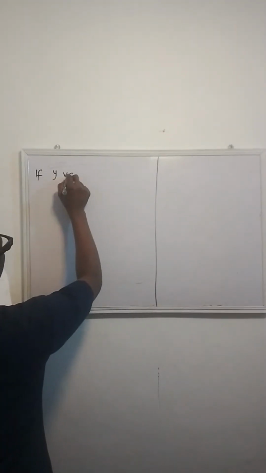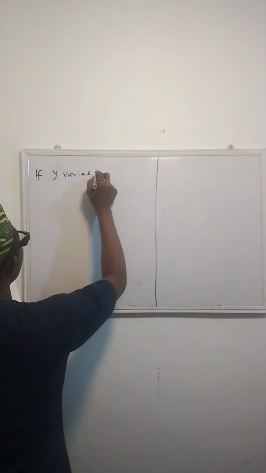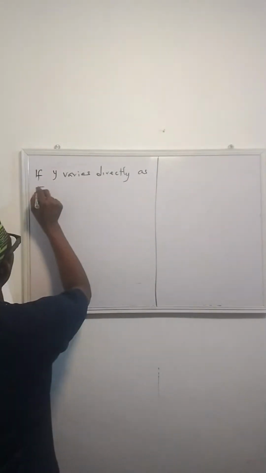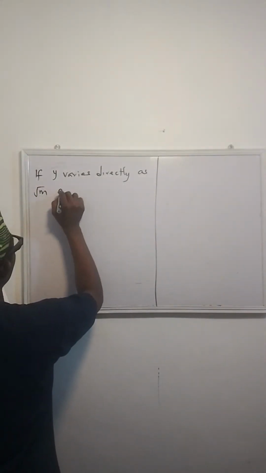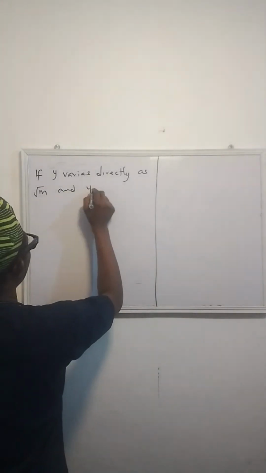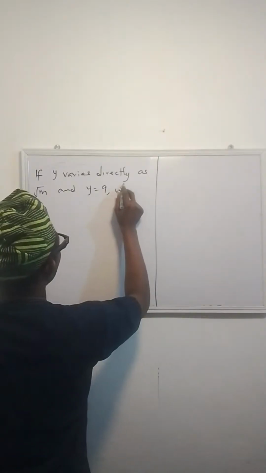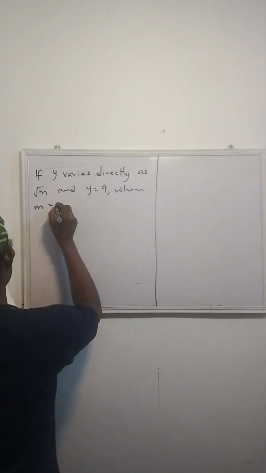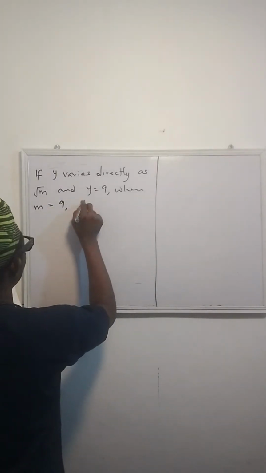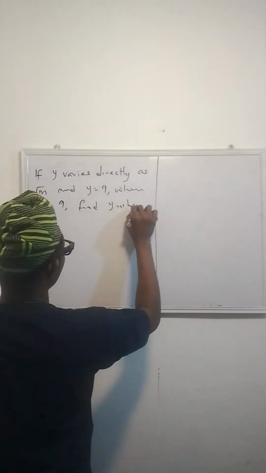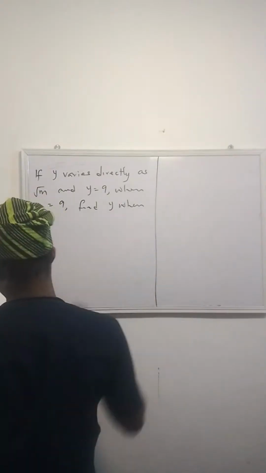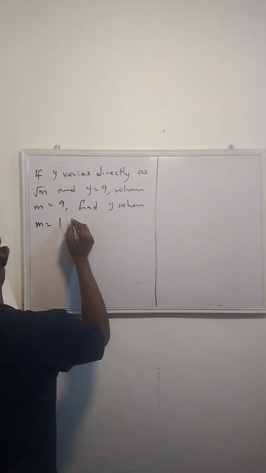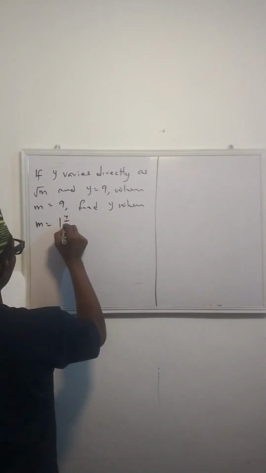If y varies directly as the square root of m, and y equals 9 when m equals 9, find y when m equals 1 whole number 7/9.